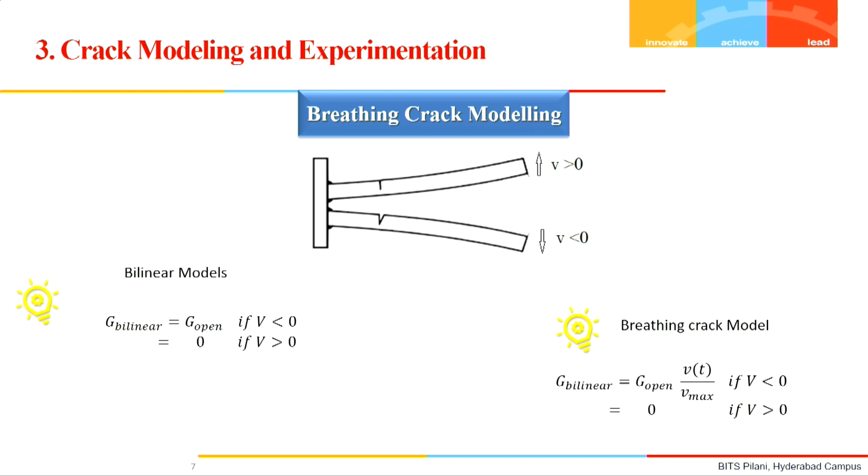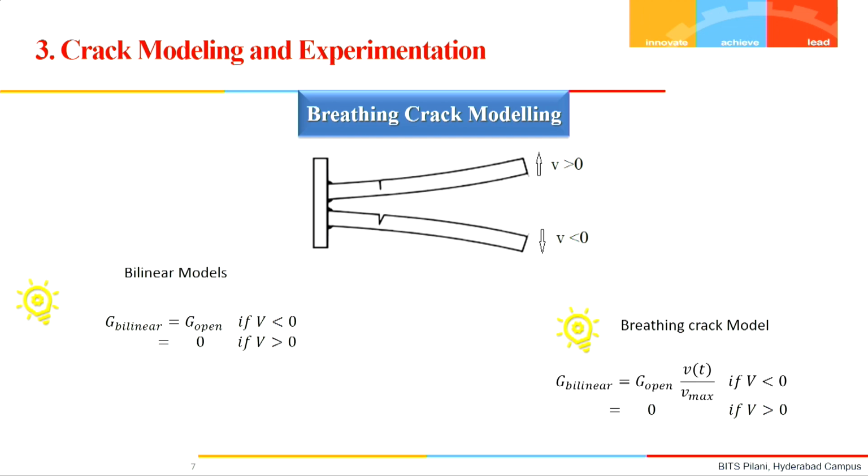So the flexibility will be the open crack flexibility multiplied by the displacement, which is a function of time, divided by Vmax, which is nothing but the maximum displacement. Now, if we convert it into stiffness, basically the inverse of this, then the stiffness itself will become a function of the nonlinear displacement, which will be a function of time.